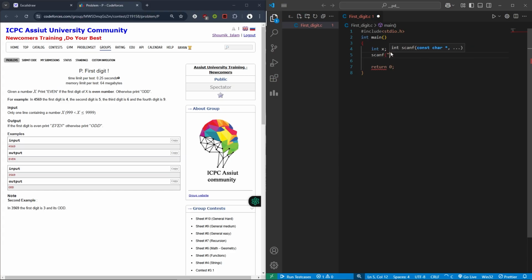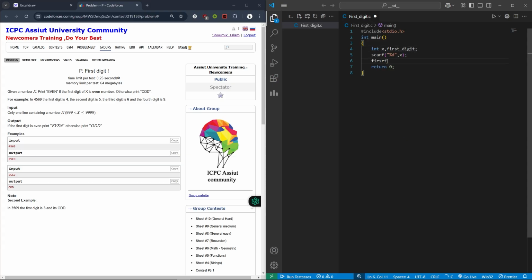Now we got the number, which is the input x. We'll have to calculate the first digit. So let's create another variable called first digit.